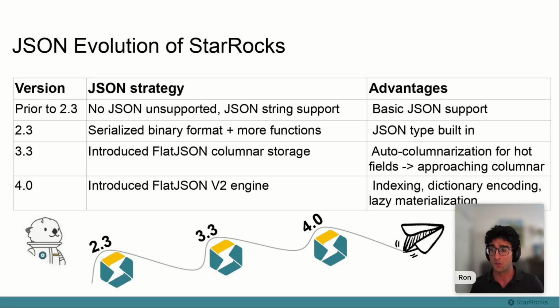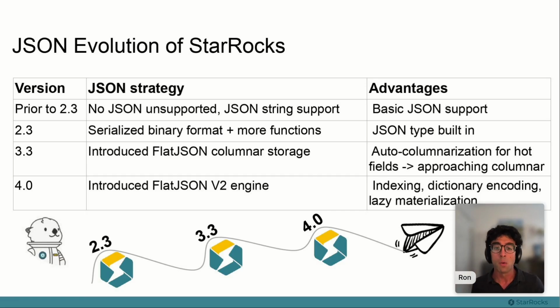In 3.3, we introduced flat JSON columnar storage, and that allowed for auto columnarization of some of the hot fields. That meant we're able to pick apart some of the fields that a user is querying for, and we're approaching something that's more columnar native.